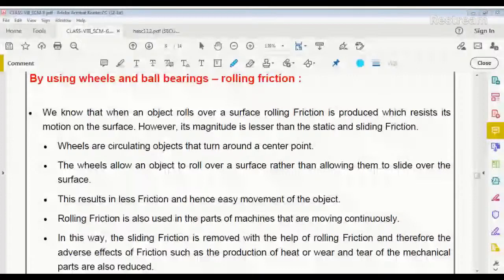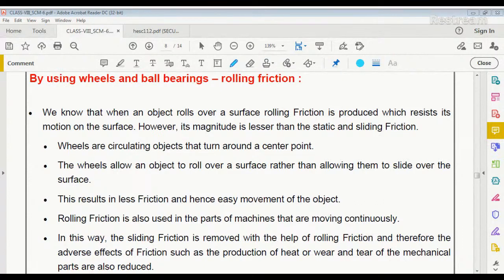Okay, so we know that when a substance rolls over a surface, rolling friction is produced, which resists its motion on the surface. However, its magnitude is lesser, as you can see. Wheels are circular objects that turn around a center point.